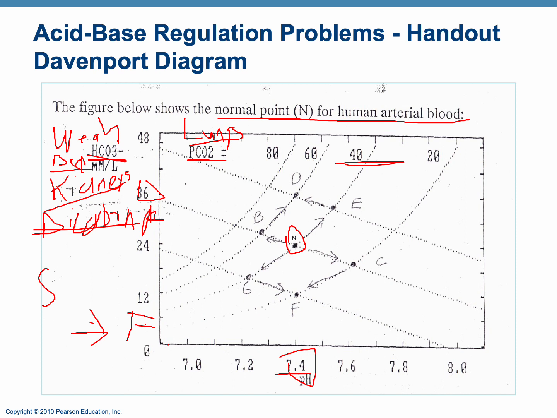All right, so looking here at our graph, 5B, going from C to F. So we start here at position C. So again, this is a patient that has the respiratory alkalosis, and we need to go from C to F on the graph.